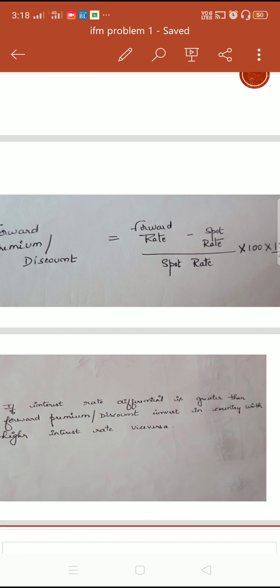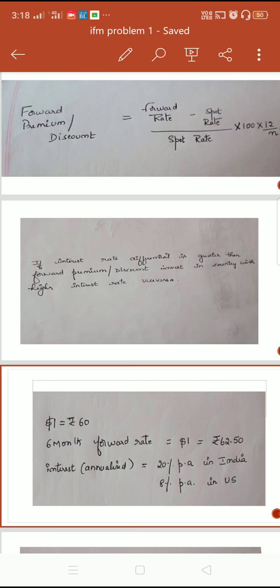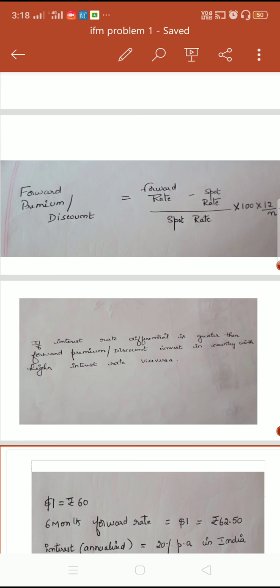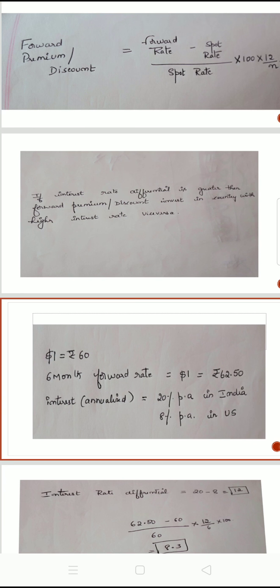Now we have to see, by borrowing from one country and investing in another country, whether there will be arbitrage profit or not. You know the rule: if the interest rate differential is greater than forward premium or discount, you need to invest in the country with the higher interest rate.